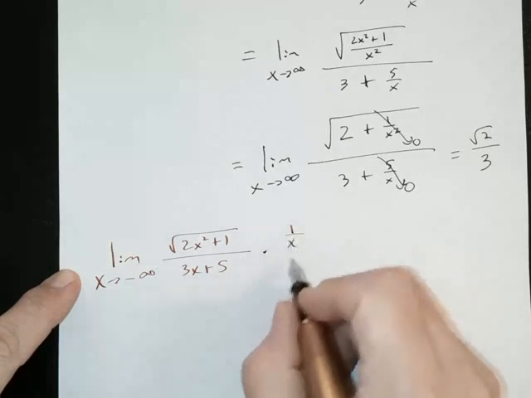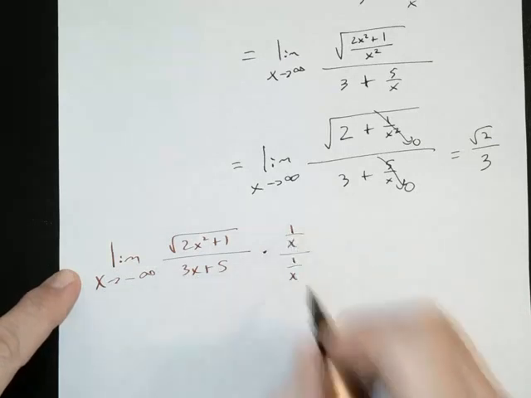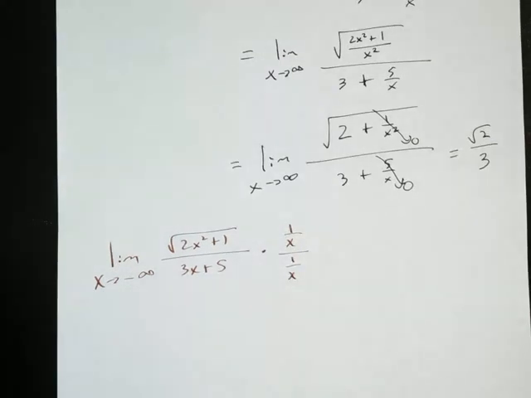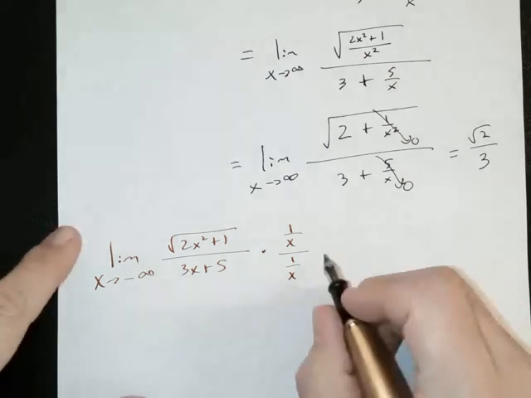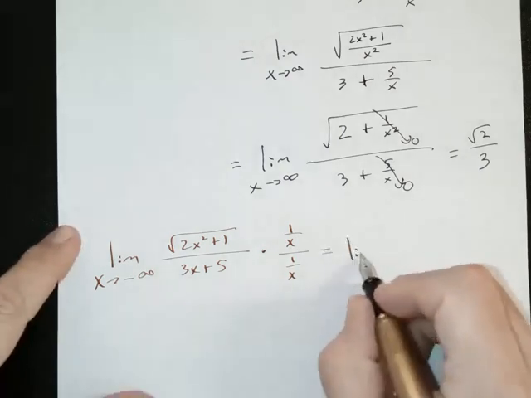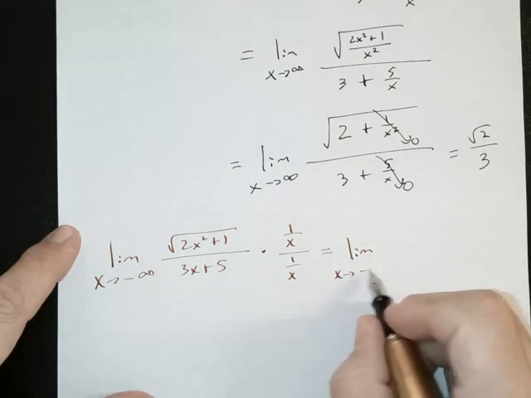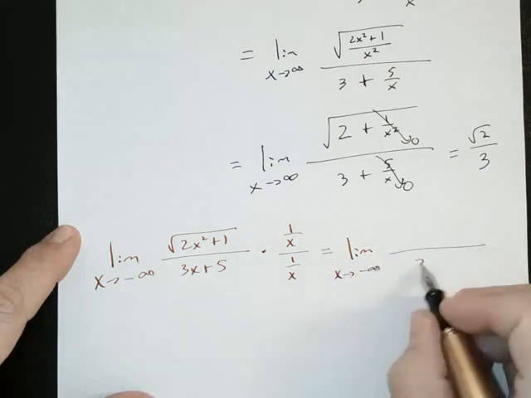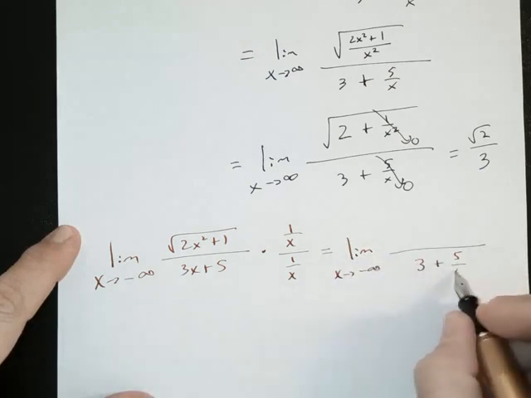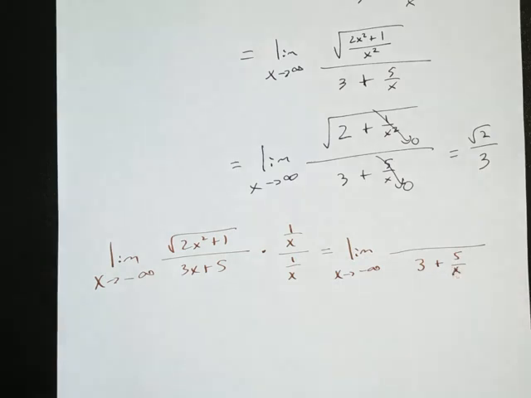So I say to myself exactly the same thing to start with. The highest power of x is x to the first. So I'm going to put 1 over x on top and 1 over x on the bottom. On the bottom, that's easy.